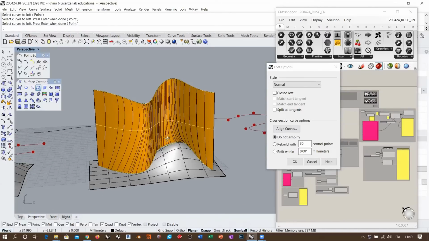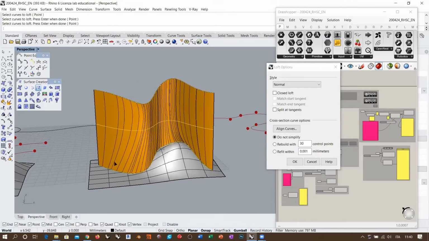Now, this is extremely problematic because the isocurves depend so much on the fact that the lower curve has a very high level of complexity. So remember that isocurves are not lines. What we are seeing here is an extremely high amount of spans, and also an uneven subdivision of the curve in terms of spans and knots.